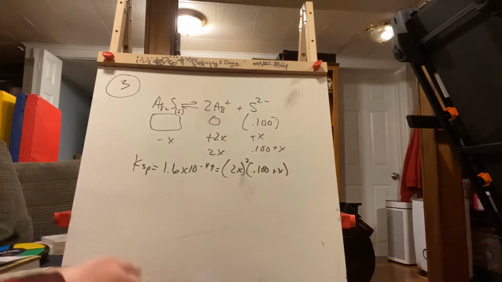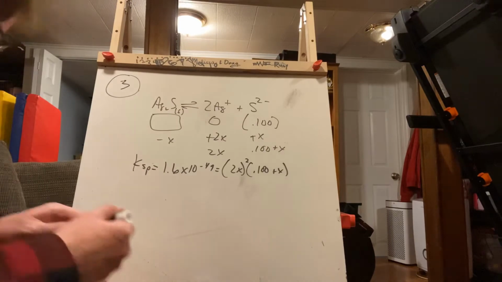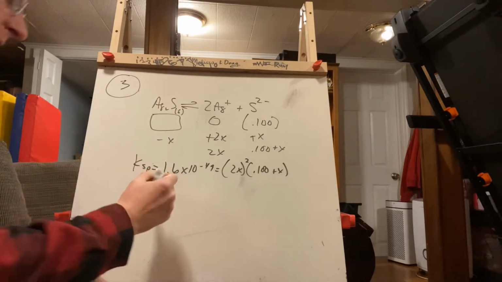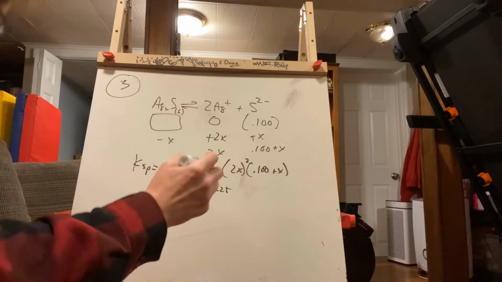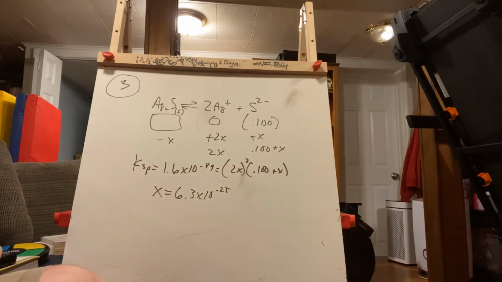Yeah, you guys are right. So, all right, I'm getting x to be 6.3 times 10 to the negative 25th. Okay, so then it's asking for my molar solubility.